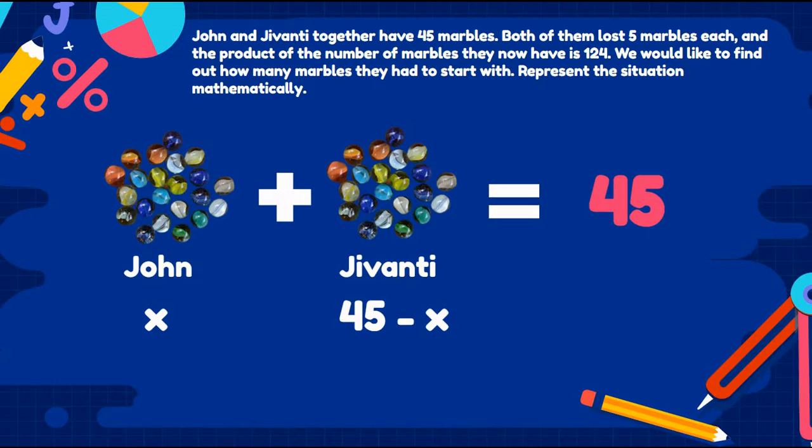So now what would you do if you want to know the number of marbles present with Jivanti only? You want to find out the y value, but you don't know the x value yet. So what you do is make this x jump to the left hand side if it is on the right hand side, and to the right hand side if it is on the left hand side. In here we have it on the left hand side, so let's just bring it to the right hand side. So what would it become? y would be nothing but 45 minus x.